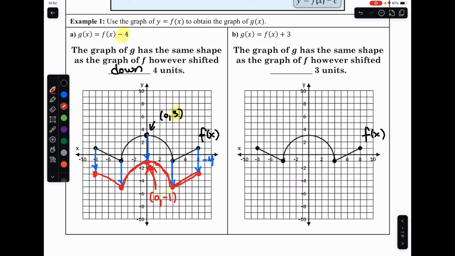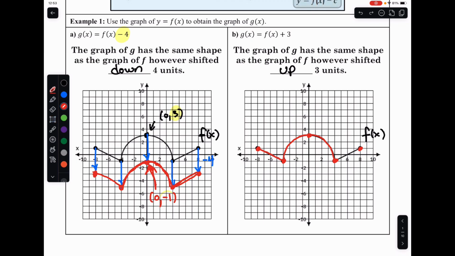So the same thing is going to happen if I move up. In this next example, plus 3 is going to move it up 3 units. The graph is going to look exactly the same, but simply up 3 units. So I'm just going to trace this, get those points, trace that and then move it.